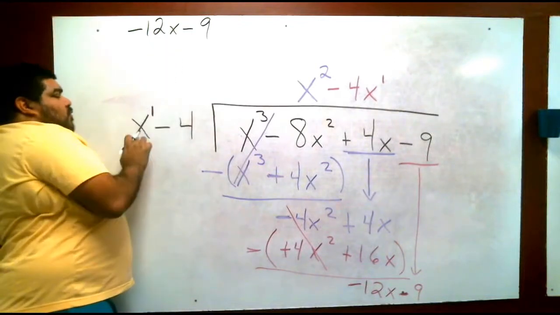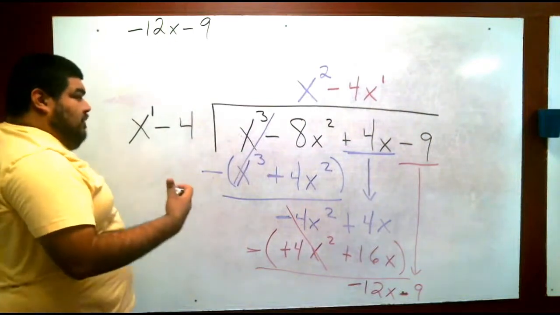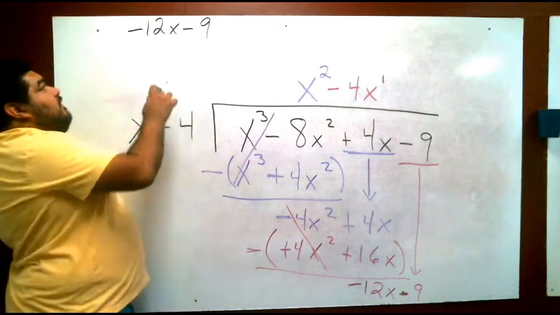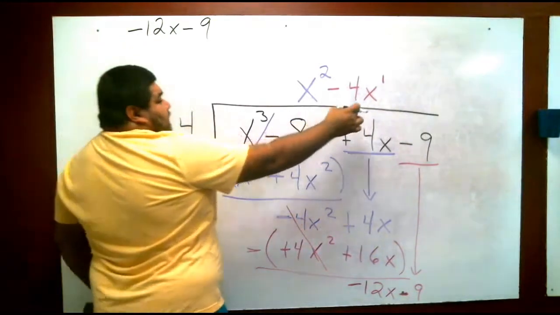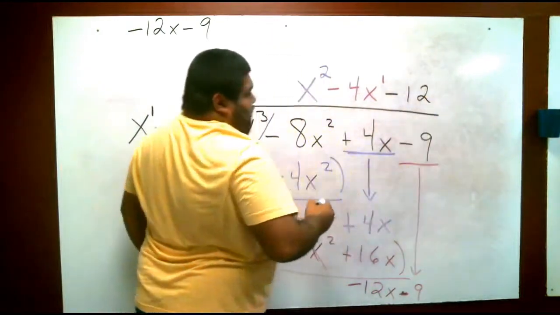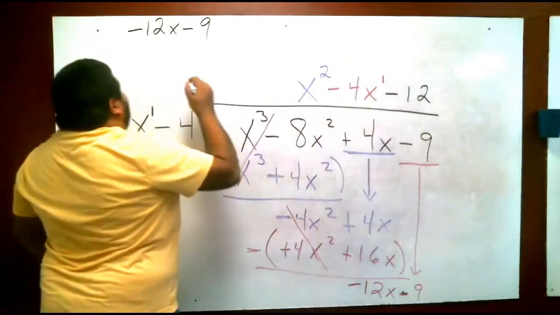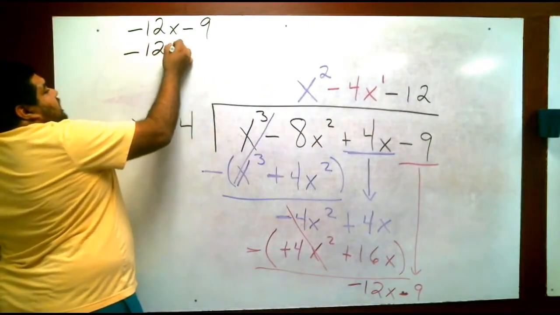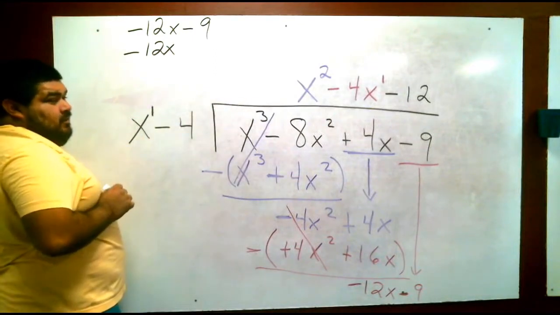Notice since we already have 1x, we technically don't have to have any more x's. All we have to get, pretty much put in the front, is a 12. Since it's a negative 12, we have to put a negative 12. Because x times negative 12 is negative 12x. Because you cannot combine the x with the constant. Okay?